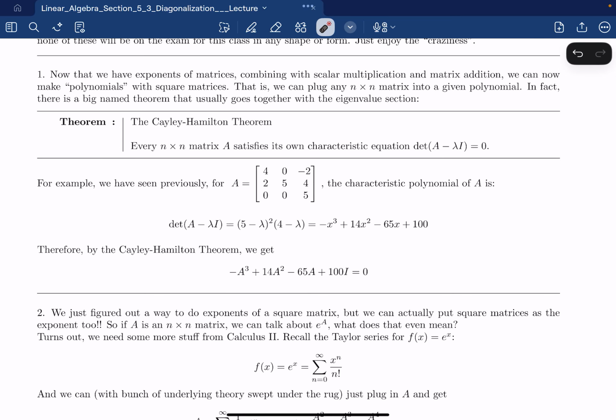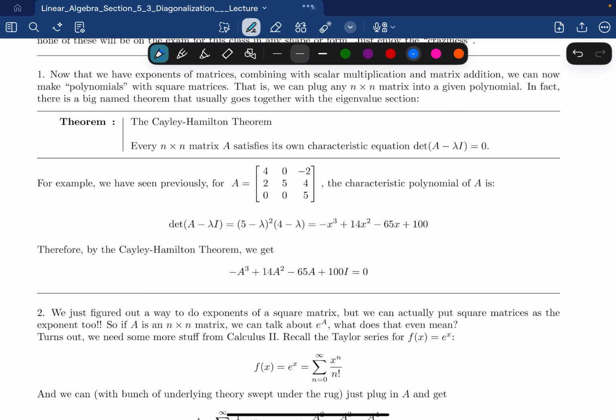Matrix A, and we calculate the determinant of A minus lambda I equals (5 minus lambda) squared times (4 minus lambda). And if you expand the multiplication out, FOIL everything out, oh, I just realized I had a little typo here. These are still lambdas, right? Force of habit, I suppose. Okay, if you expand that out, you do have a polynomial in terms of lambda.